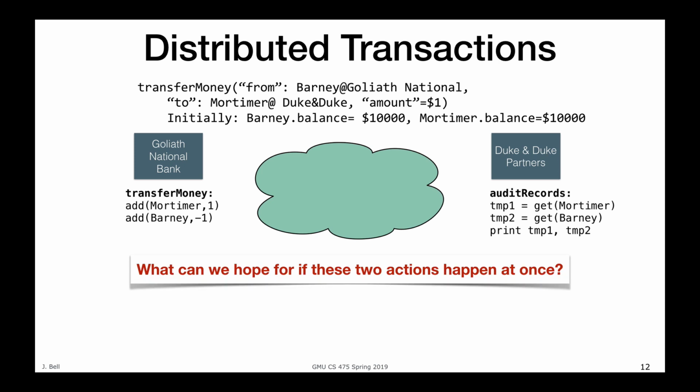Now, what could we hope, and what do we want, or think maybe the best thing could be if both of these actions happen at once? So take a moment and think about what possible values we could have or should have for temp 1 and temp 2.